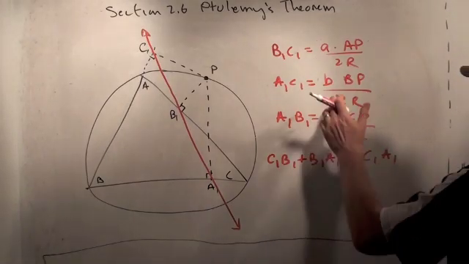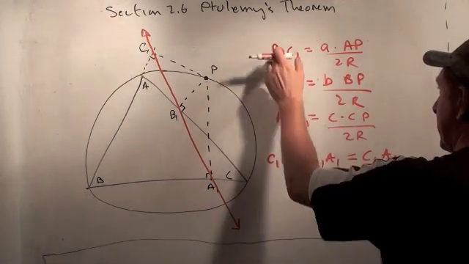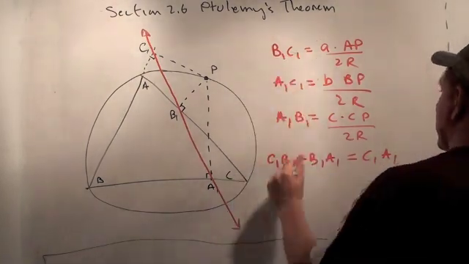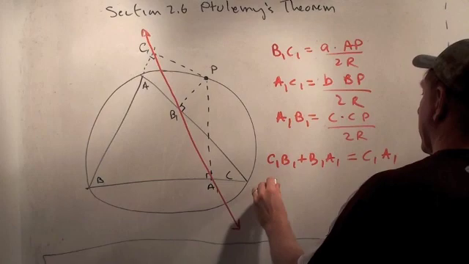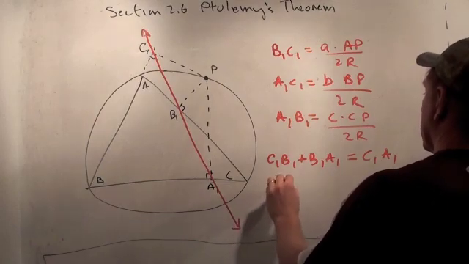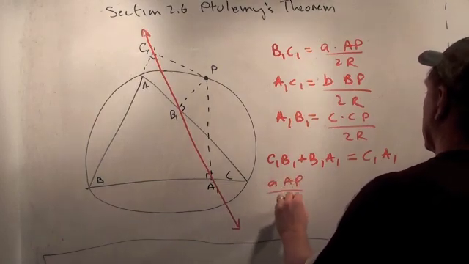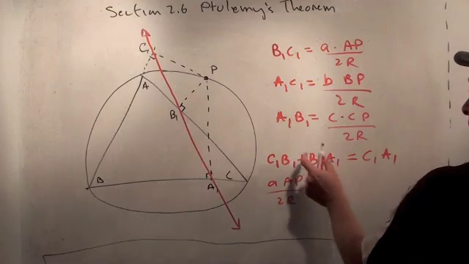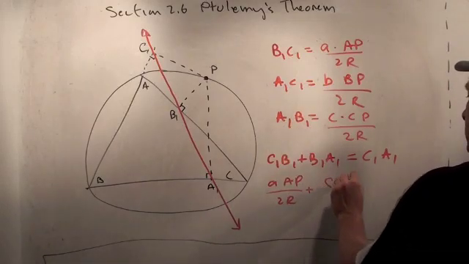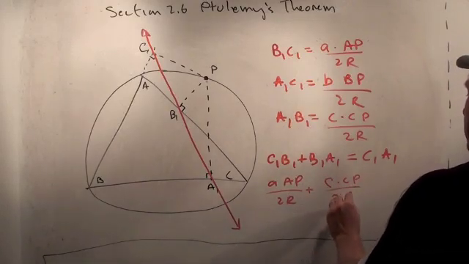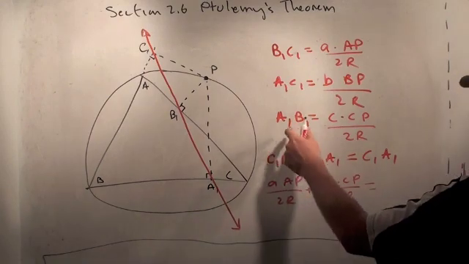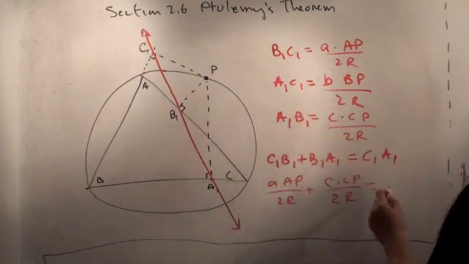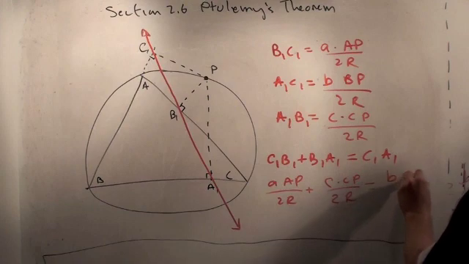Looks like I wrote it backwards, but you know what I mean. But B1C1 is A times AP over 2R, plus B1A1 is C times CP over 2R, equals A1C1, which is B times BP over 2R.